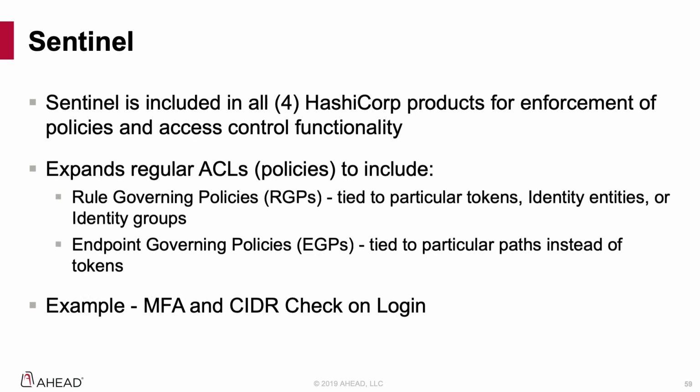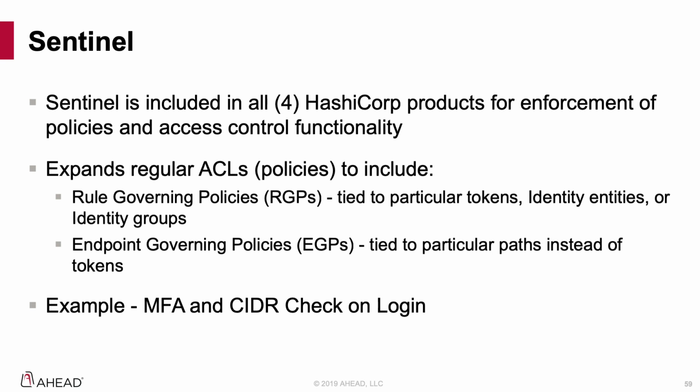to Vault there. Sentinel is actually included with all 4 HashiCorp products for enforcement of policies and access control. I don't see a ton of use for Sentinel within Vault. Sentinel is generally more heavily used in things like Terraform, but you can use Sentinel in Vault. It expands your regular ACLs or policies to include both RGPs and EGPs, so it gives you more options there.